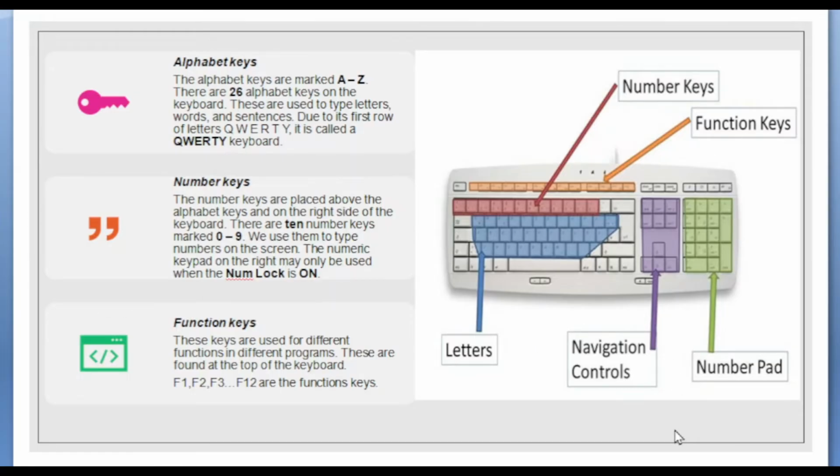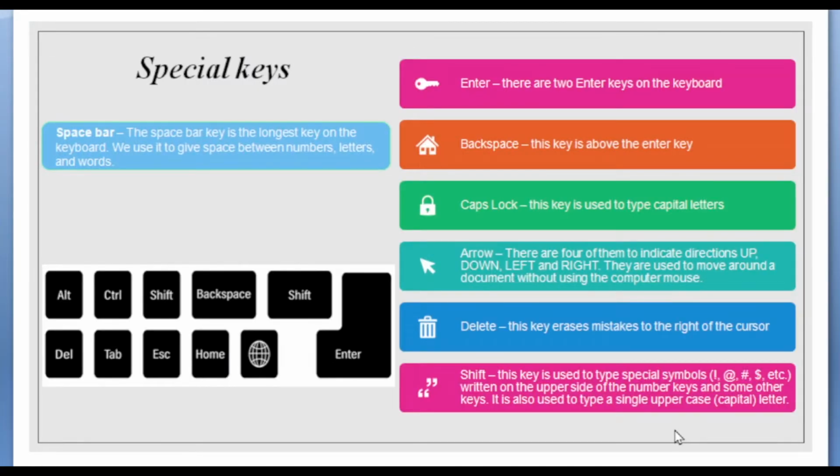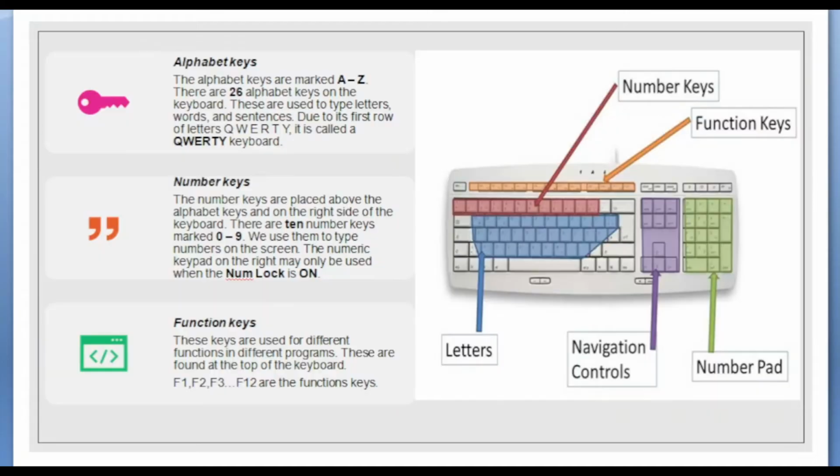Next is special keys. Spacebar. This is the longest key in the keyboard, to give space between numbers, letters and words. Next, there is enter. There are two enter keys. One is here and the other is in this number pad.